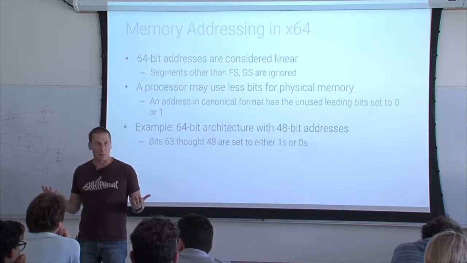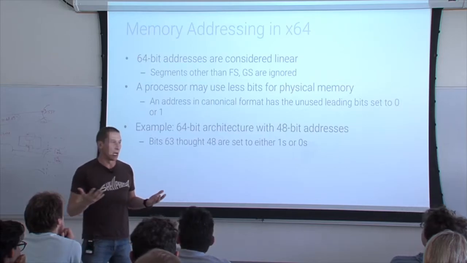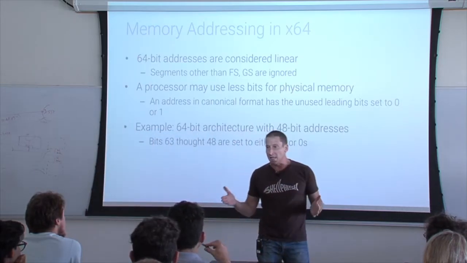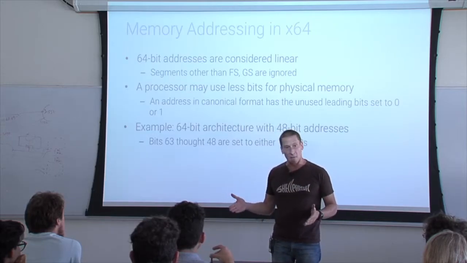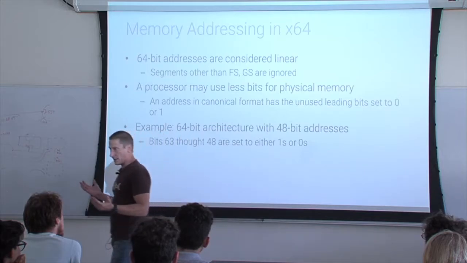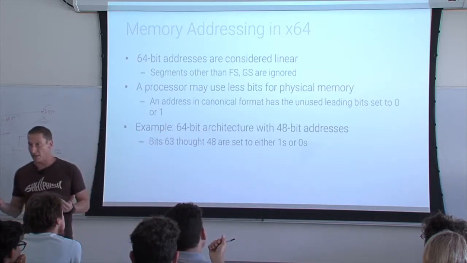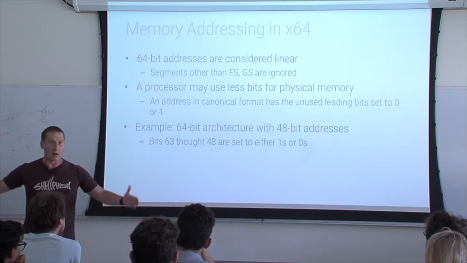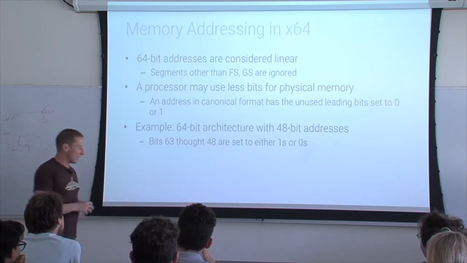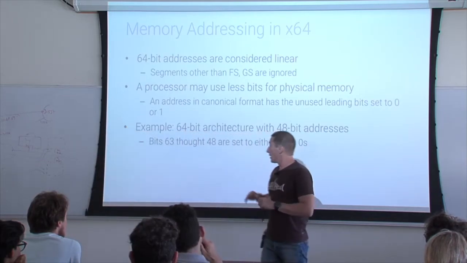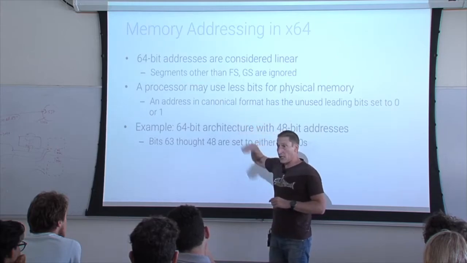Also, even though you have a 64-bit architecture, it is not necessarily the case that all the bits can actually be used to address memory. In fact, in most CPUs right now, only 48 bits are used to address memory. So you don't need 64-bit buses that occupy silicon and all that. And an address has to be in a canonical form.